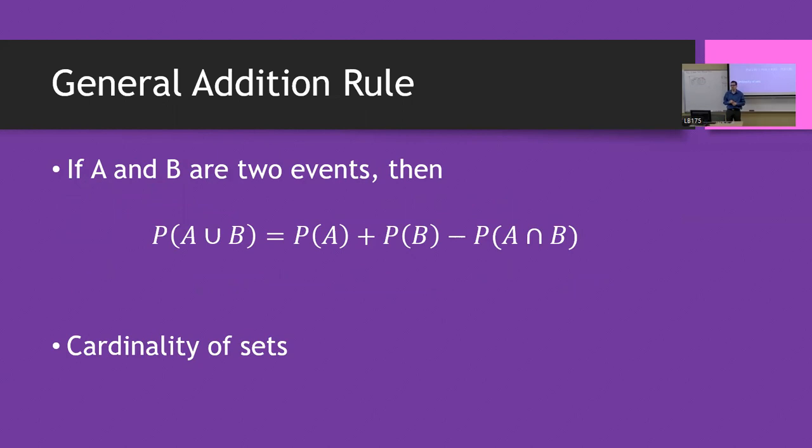If A and B are two different events, like getting spades and getting face cards, then the probability of A union B, that means the union of A and B, so it's like all of A and all of B thrown into a big set, is equal to the probability of A plus the probability of B minus the probability of A intersect B. That's the general rule for addition.